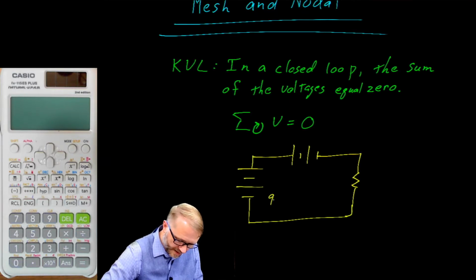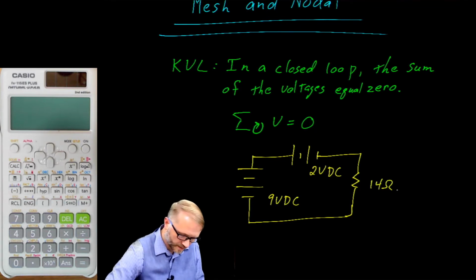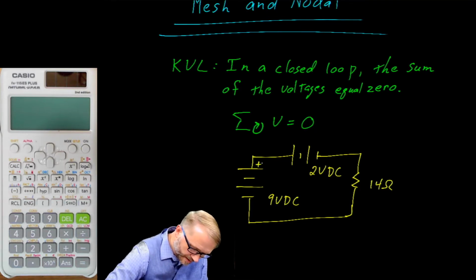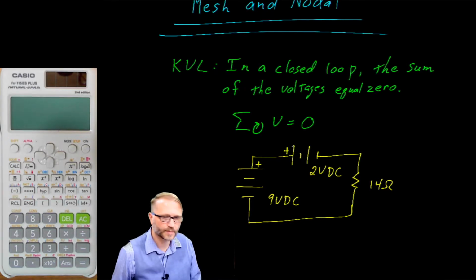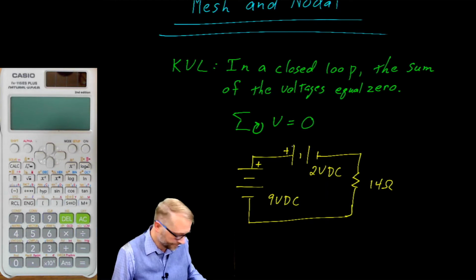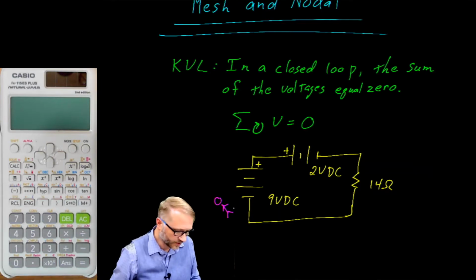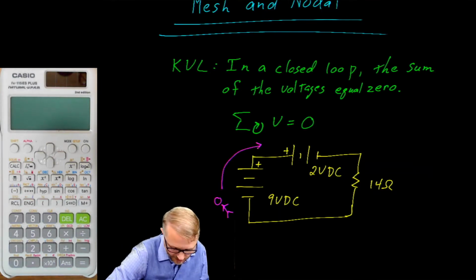where we have a 9-volt battery and a 2-volt battery, a 14 ohm resistor. We can put the polarity markings here. So these batteries are connected up rather strangely in that the two terminals are connected to each other. But that's okay, because we start here in the lower left-hand corner, and we're going to travel around the circuit.